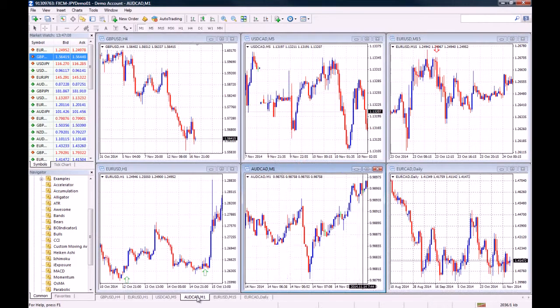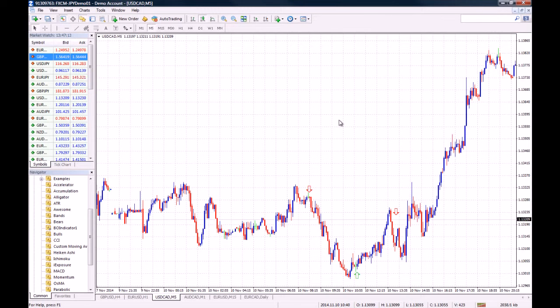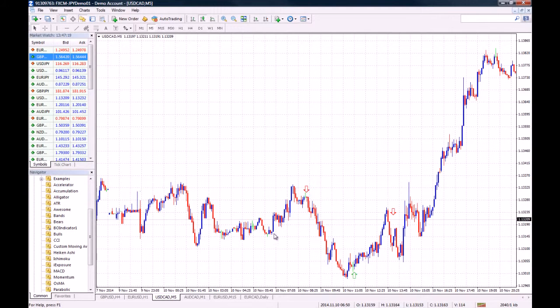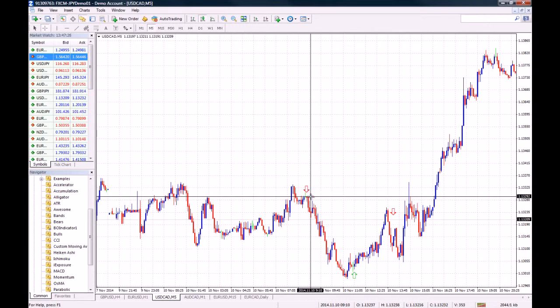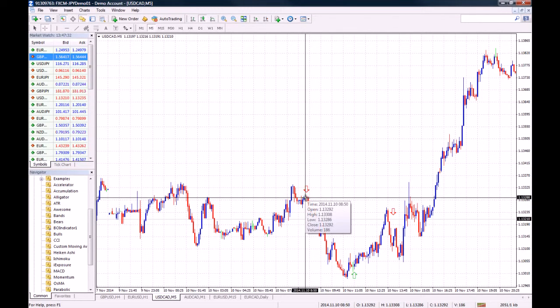Let's go to the 5 minute US dollar Canadian dollar chart, and as you can see here, we have three signals. The first signal comes when this flag formation breaks, and our entry level should be around 113.29. If we are trading off the 5 minute chart, we want to use between the 15 and the 30 minute expiration option.